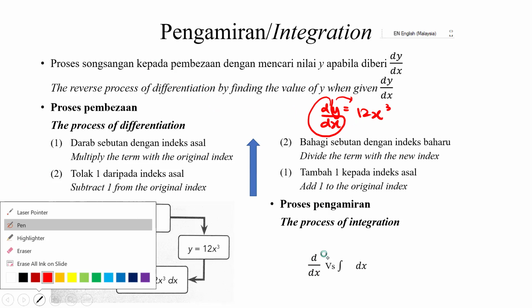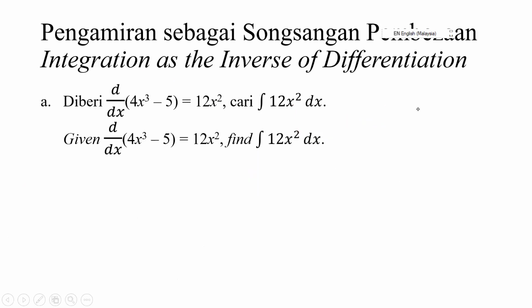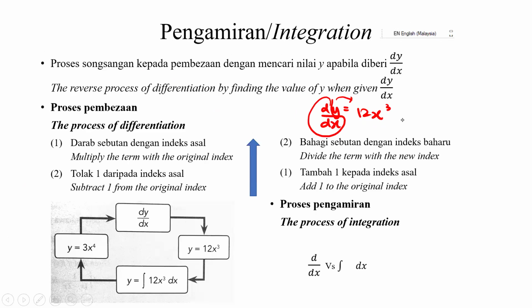Your differentiation, you bring over to the other side, it will become left with y, and that is exactly what we want. We want to find y. y equals, when you go across the other side, reverse the function of differentiation, become integration. This is the symbol of integration. Integrate what? The 12x cubed.